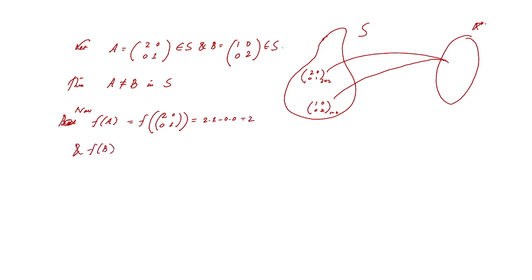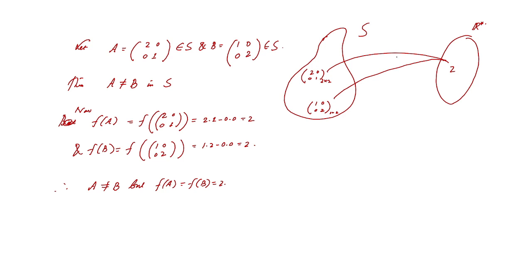And what is f of B? f of [1, 0; 0, 2] will be 1 into 2 minus 0 into 0, again 2. So therefore A not equals to B, but f of A equals f of B, and both are basically 2.